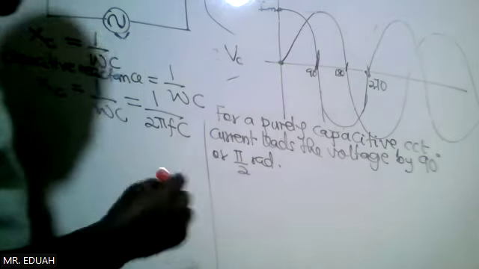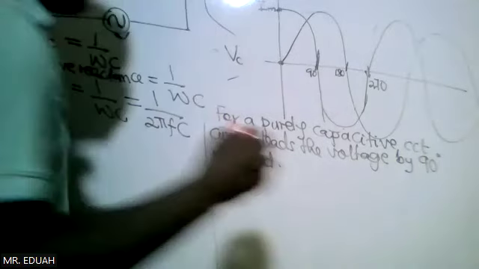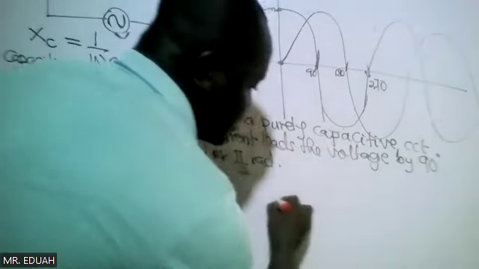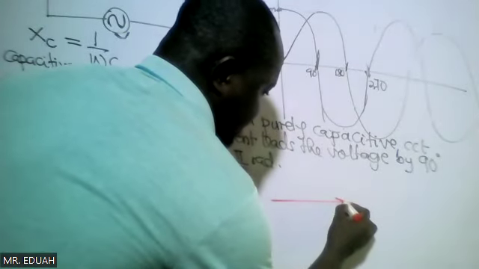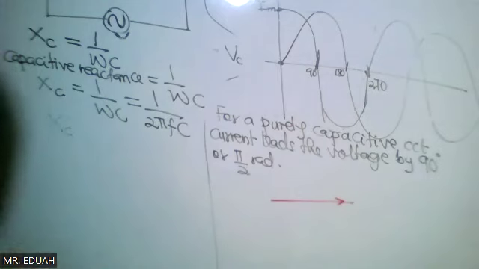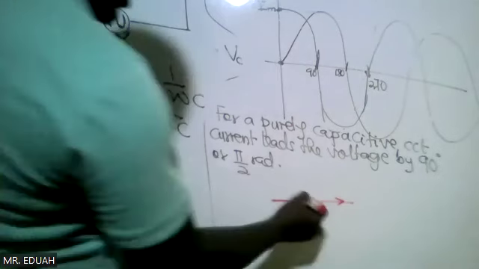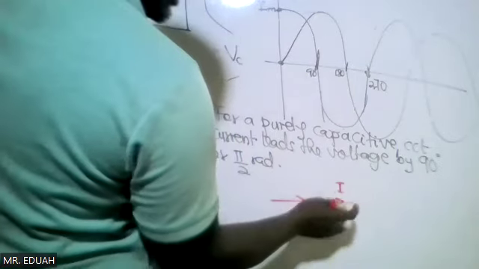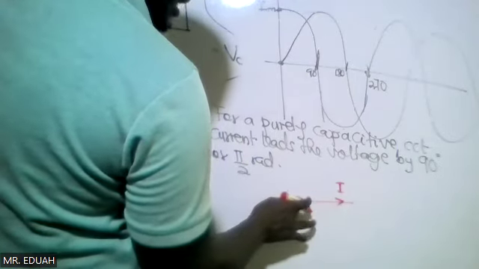The current phasor is always horizontal. Recall that when we drew that for purely resistive, current was put in this direction, and because voltage was in the same line as the current, we added it. So the current phasor always comes first.